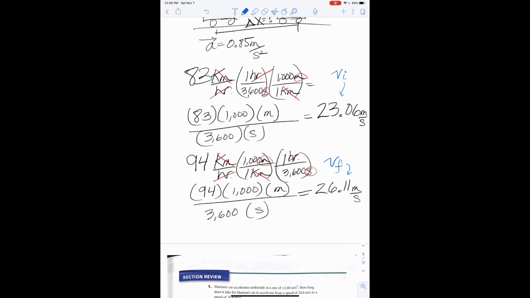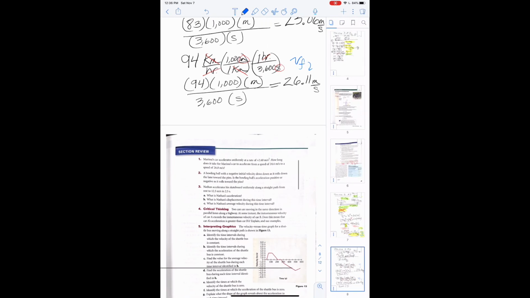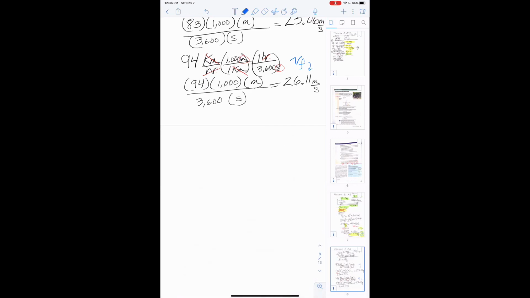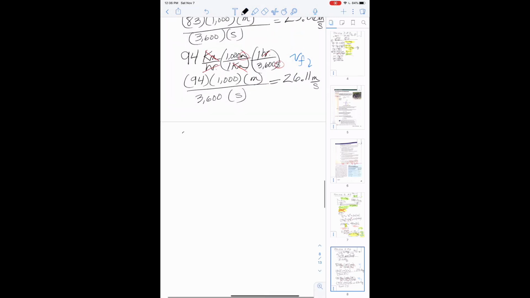We are going to be accelerating. All right, so I'm running out of room here. Let me get another page here. Okay, so I think we said we don't know time, we don't care about it, so we're going to use K4, or K3, sorry. All right, let's go ahead and plug in what we know, 26.11.